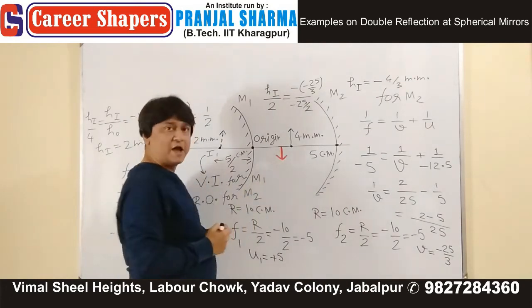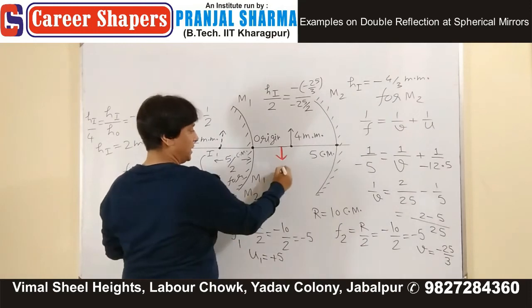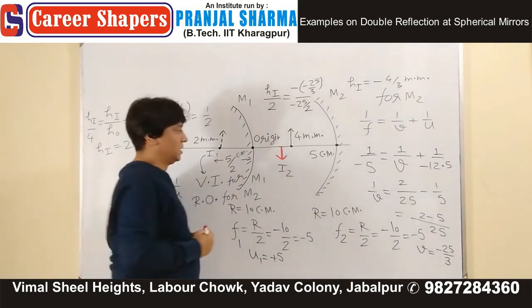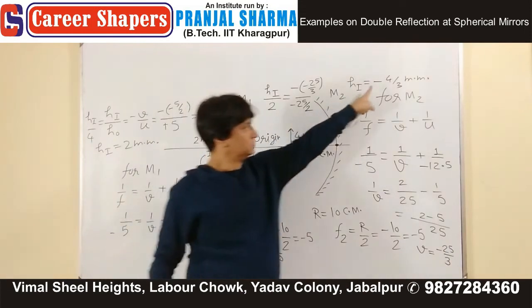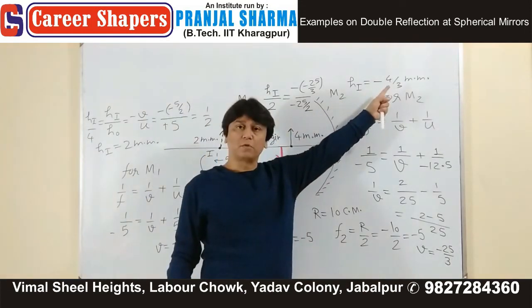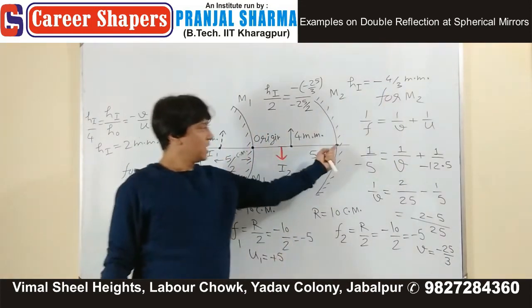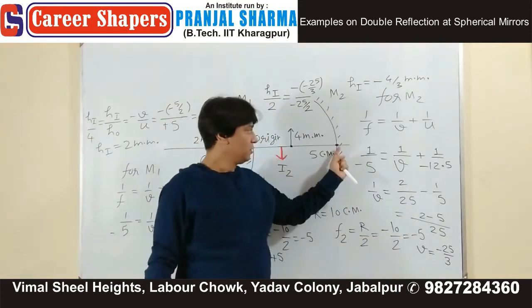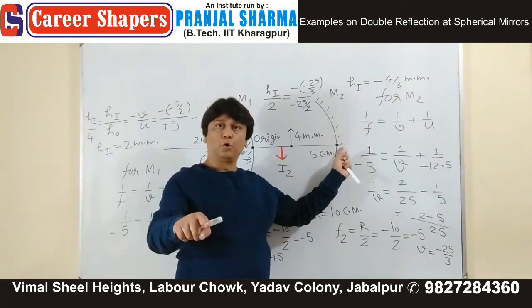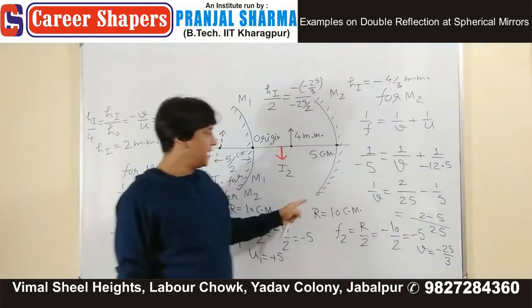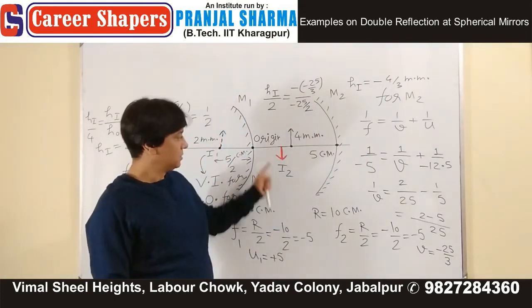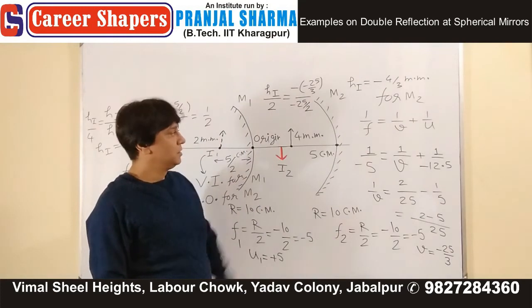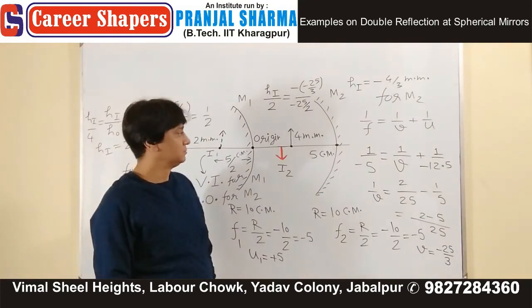This is your final image. Let's call it I2. Inverted. Size is 4 by 3 at a distance of 25 by 3 from the pole of concave mirror. This completes the answer. Note down everything.